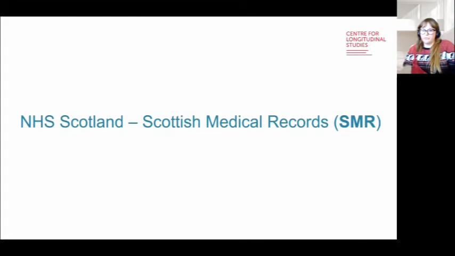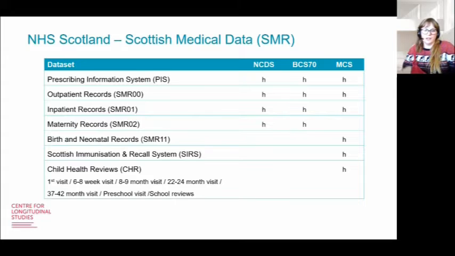And just briefly, what's available in the Scottish medical records. Unlike HES, we have different data sets for different cohorts apart from the ECDS. For all the cohorts, that's MCS, BCS 70 and NCDS, we don't have next steps because they were recruited in England. We've got prescriptions, outpatient and inpatient records.